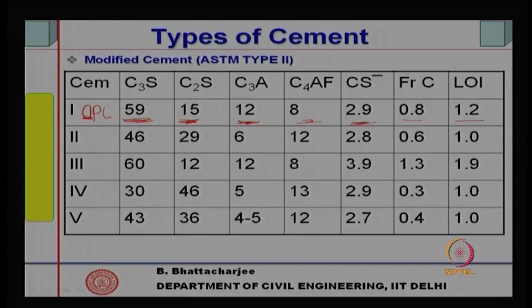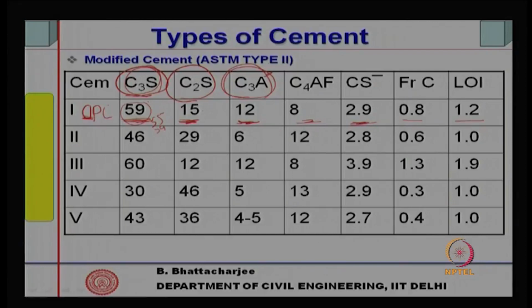Now, if we recall that high C3S means relatively high early strength. So, this is slightly higher, could be even less, something like 54, 55, etc. So, high C3S means high early strength. C2S means later strength. C3A means high heat of hydration.